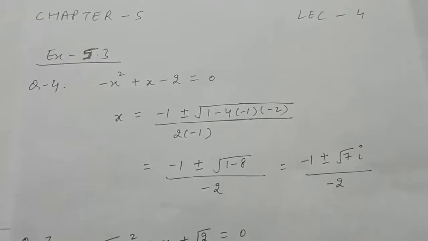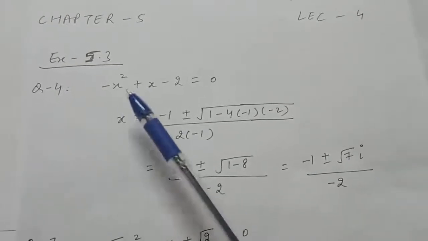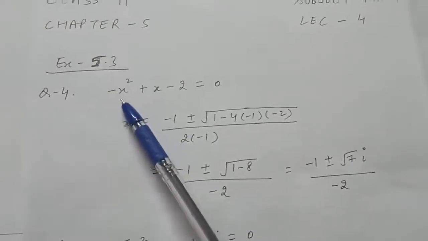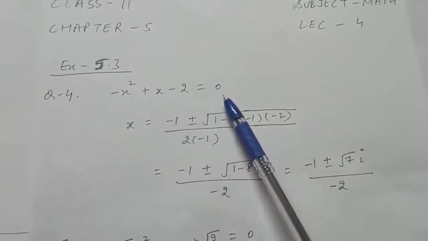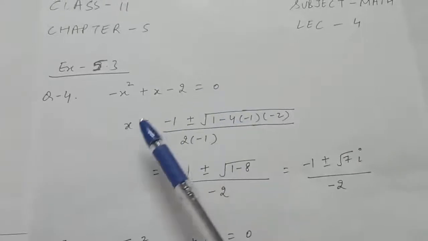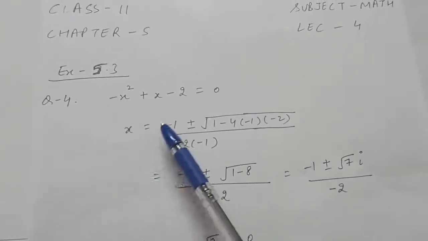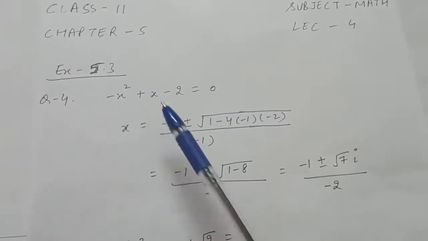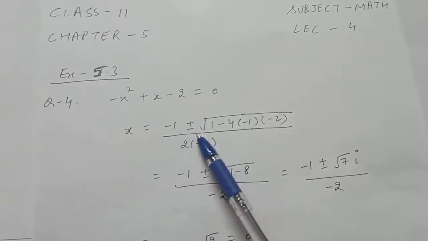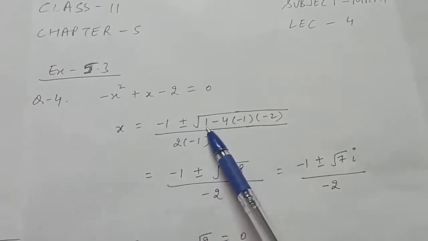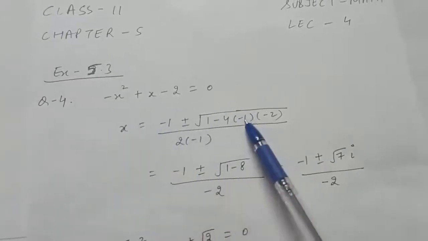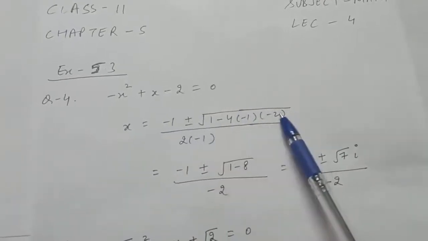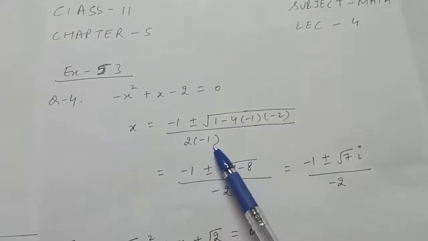So see, question number 4 is to find the solution of the equation minus x square plus x minus 2 equal to 0. So x equal to minus b, here is 1, so minus 1, plus minus root b square, which is 1, minus 4 into a, which is minus 1, into c, which is minus 2, upon 2a.